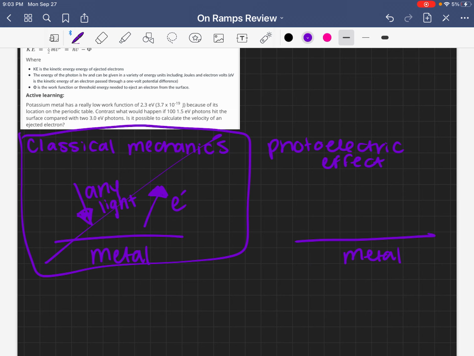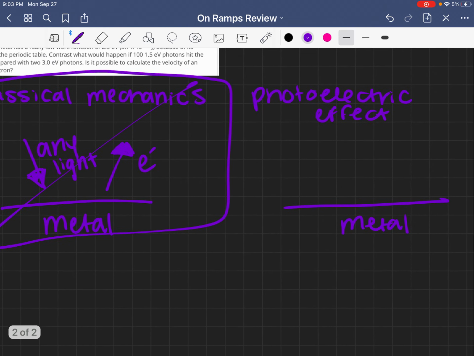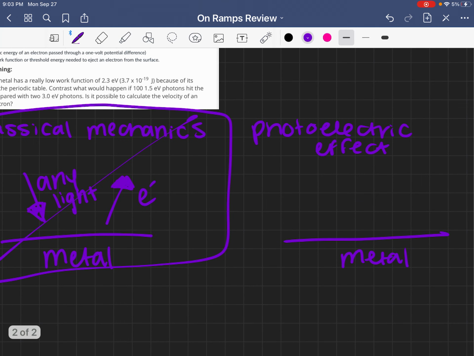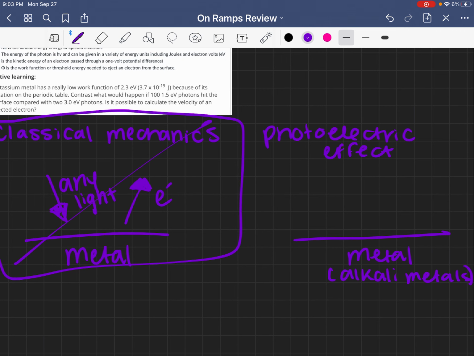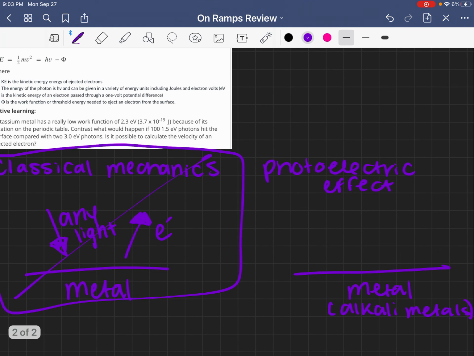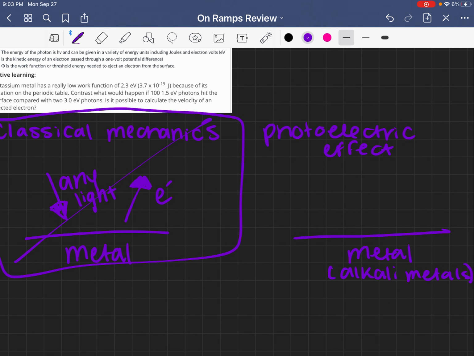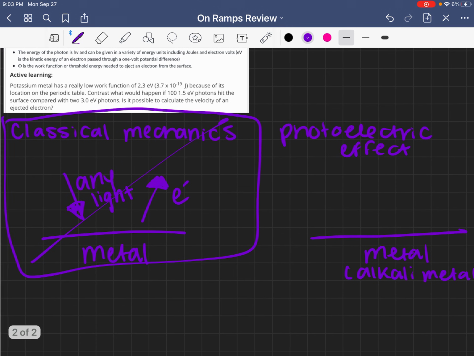So we want to get a metal where we don't have to have a high threshold energy. Metals that are more likely to eject electrons are going to be your alkali metals. Okay? These are going to have low threshold energy. They're going to be more likely to eject an electron.